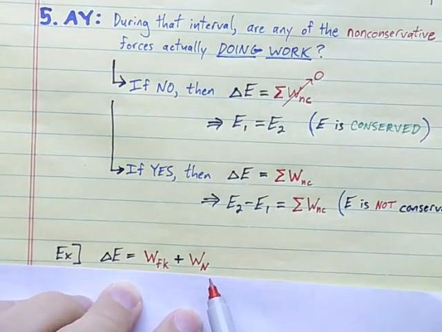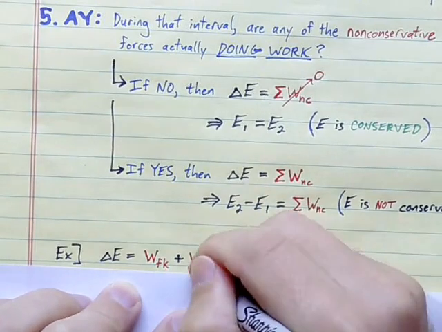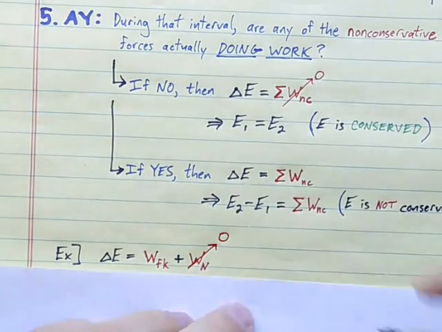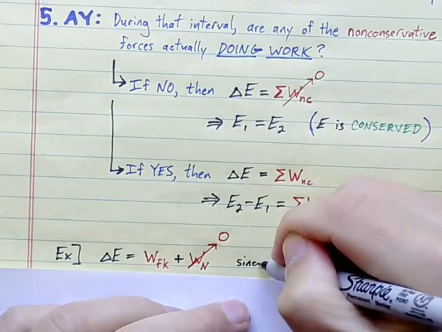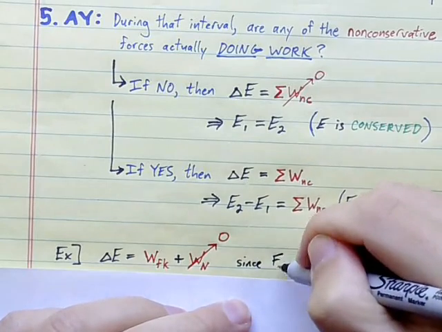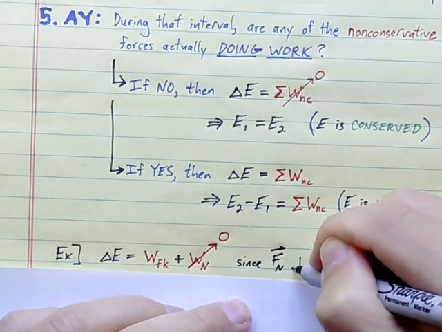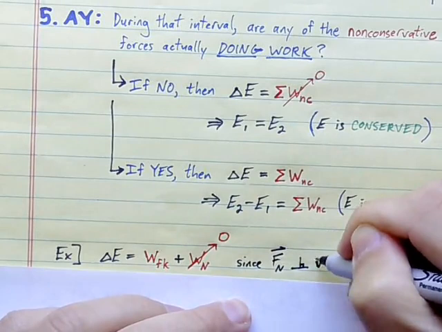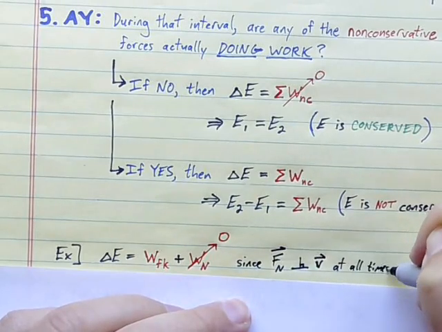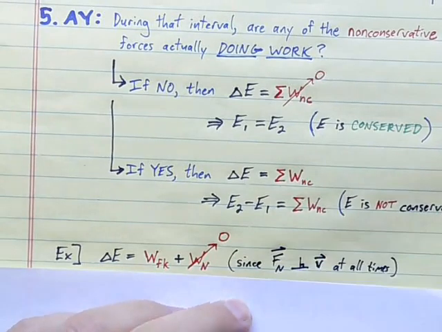Correct. The normal force is not doing any work because, what's the reason? That's right. That normal force is perpendicular to the velocity at all times as the block slides along this surface.